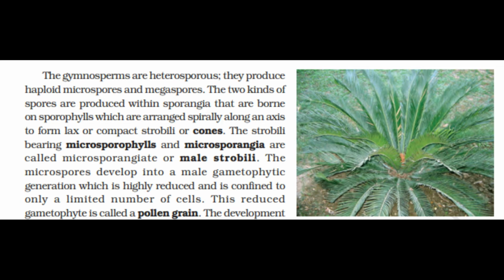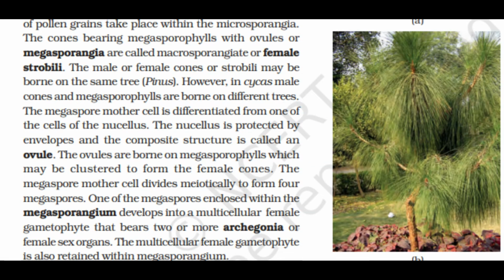The strobili bearing microsporophylls and microsporangia are called microsporangiate or male strobili. The microspores develop into a male gametophytic generation, which is highly reduced and is confined to only a limited number of cells. This reduced gametophyte is called a pollen grain. The development of pollen grain takes place within the microsporangia.